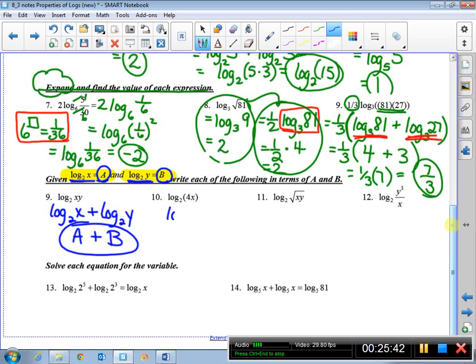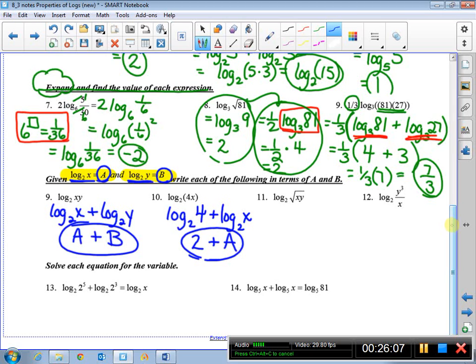Number 10, log base 2, it's a product, so add. Okay. Log base 2 of 4 is 2. Log base 2 of x is A from the directions.